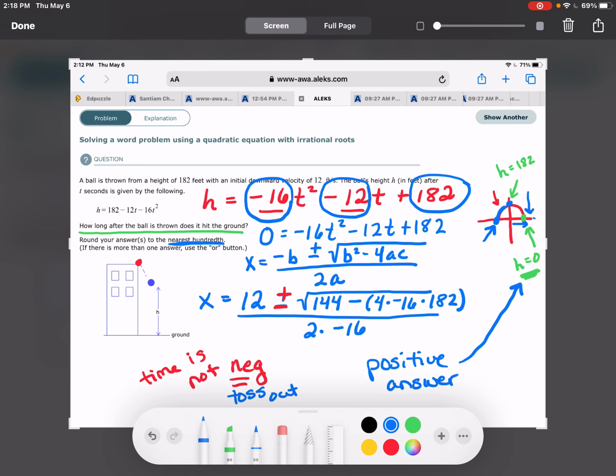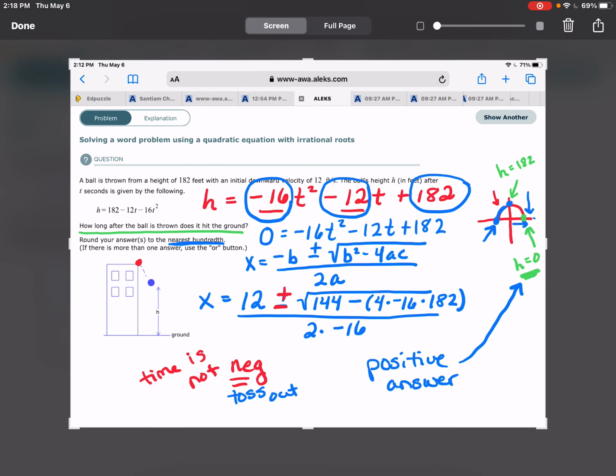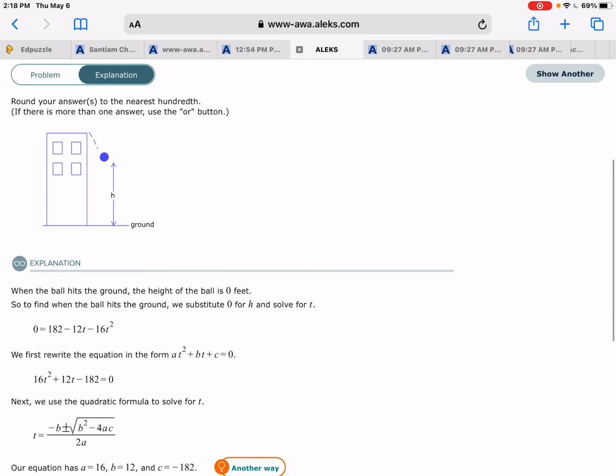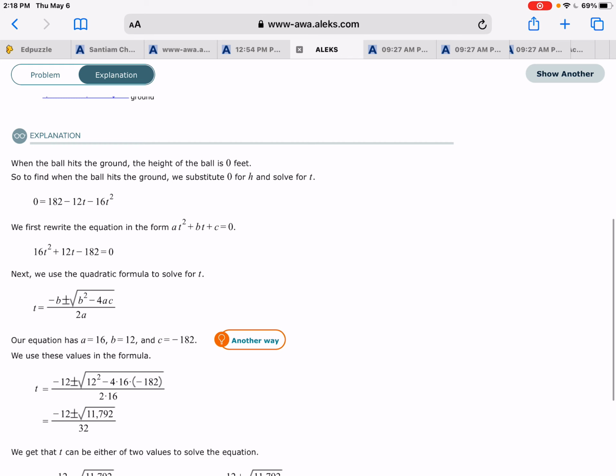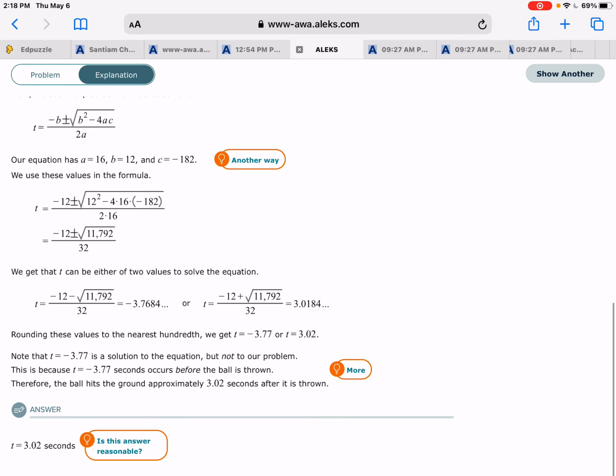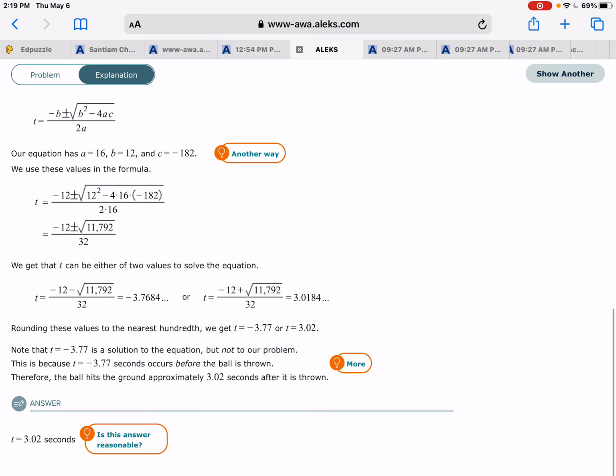Let's go ahead and just pop over to the explanation and you can see that happen here. All right, they use the quadratic formula in their demo also. And notice that we got negative 3.7684 irrational number and positive 3.0184 irrational number. And so we're going to throw out that negative 3.7 and keep the 3.0.